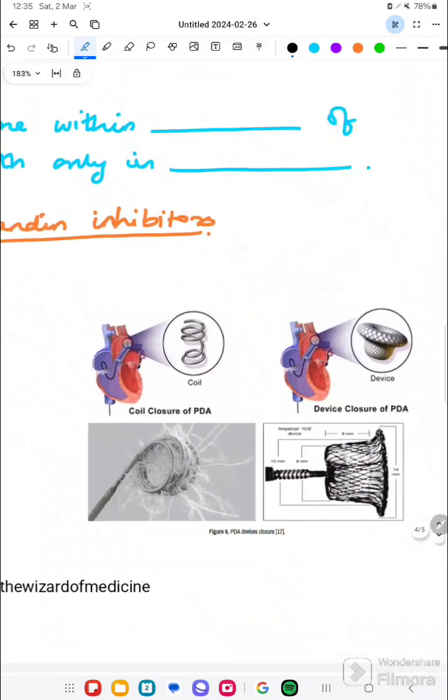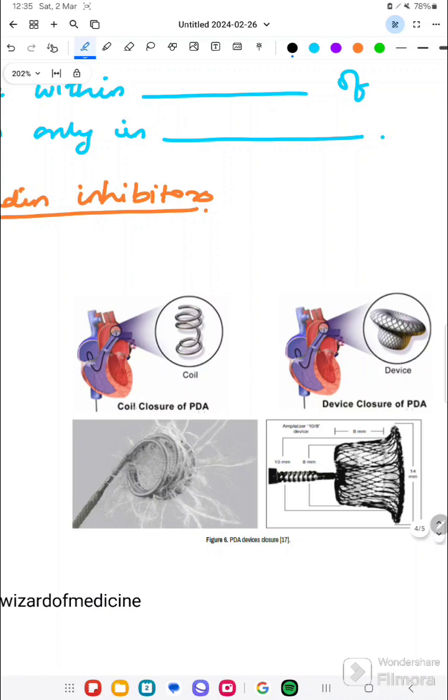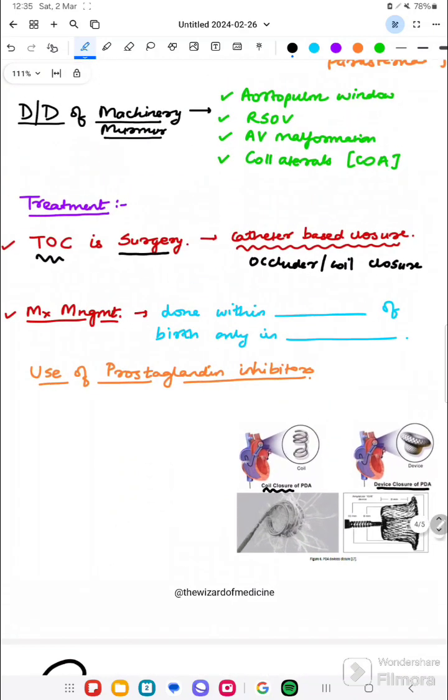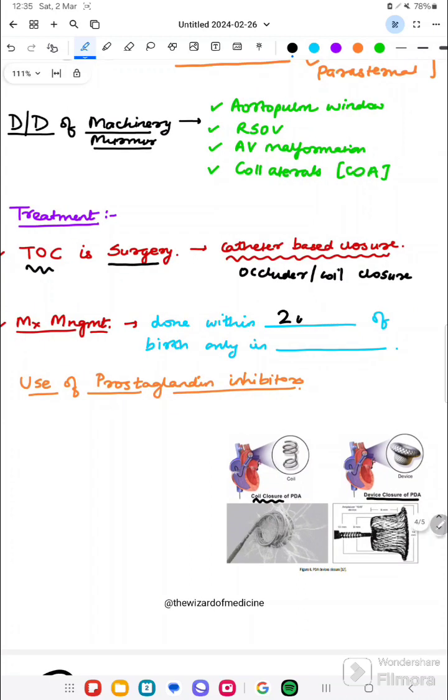You can see here that this is a coil, and with this we can do a coil closure, or we can also go for a device closure of PDA, right? Now if we talk about the medical management, then it is to be done within 2 weeks of birth, only in cases of preterm.